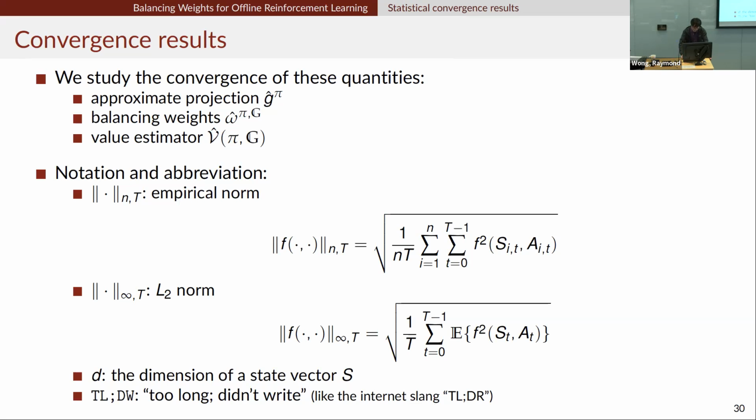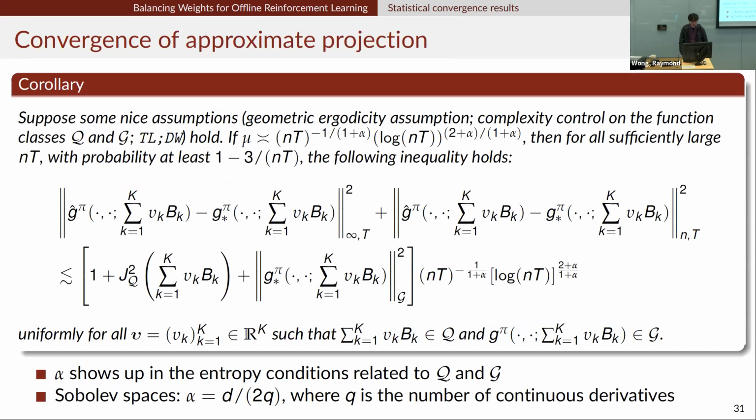So this is the result for the approximate projections. You don't have to spend too much energy looking at the statement. This is kind of a middle result, and I'm going to tell you the important part. Essentially, this result shows uniform convergence of G hat over any linear combination of the basis functions.